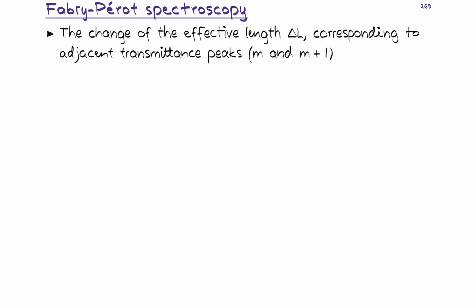And this we can directly calculate easily, we know the equations already, so that the corresponding change in the cavity length is essentially the difference of the lengths L m plus 1 and L m. And this is essentially by just looking at the earlier slides' equations. This is speed of light divided by 2 times the frequency.